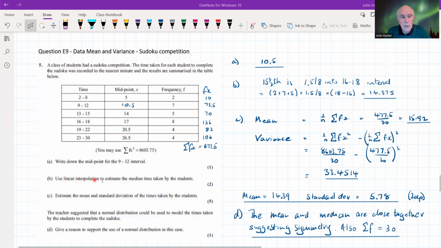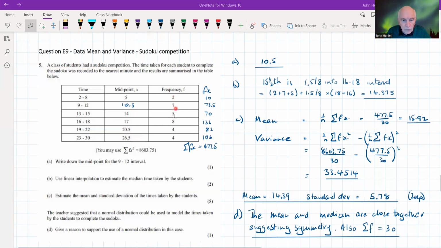Use linear interpolation to estimate the median time taken by the students. Okay, so the median, we've got 30. So the median would be the middle one, but when we've got an even number, we're looking at the mean of the 15th and the 16th. So conceptually, we want the 15 and a half up here.